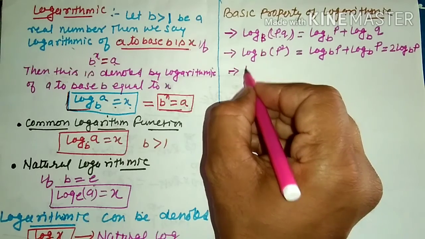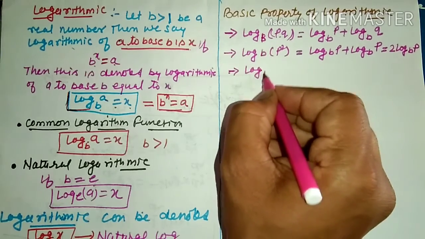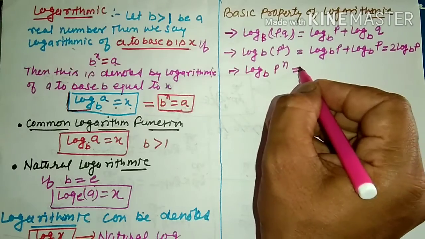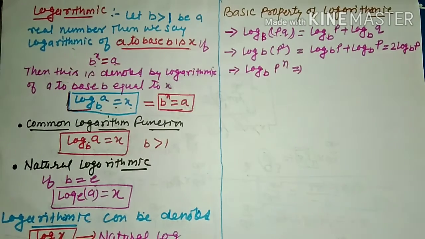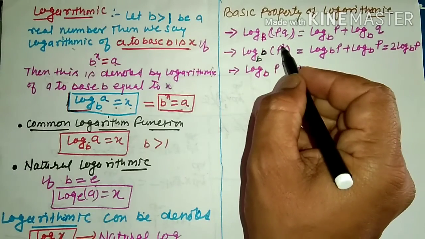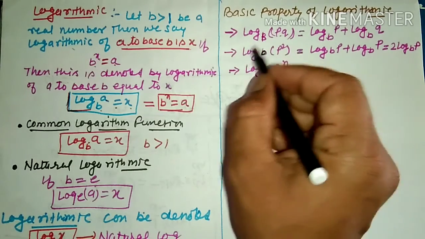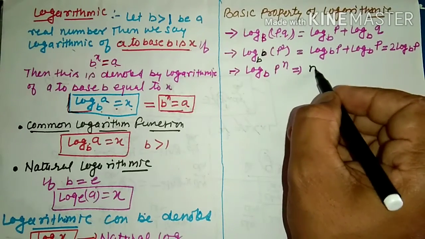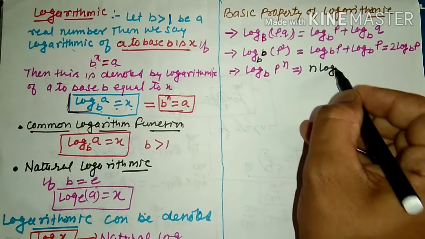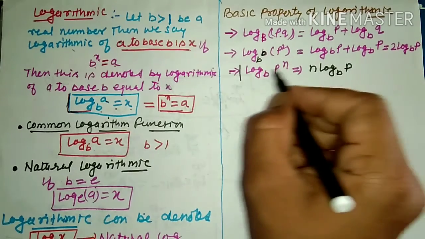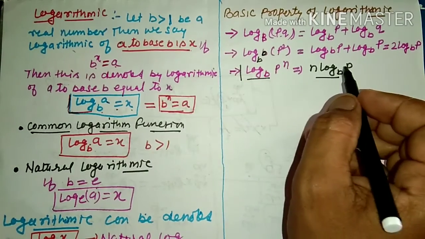Third, log base b of p to the power n. First case log base b of p स्क्वायर था, तो ये 2 आगे आ गया, 2 log base b of p. तो डायरेक्ट हम लोग लिख सकते हैं n log base b of p. Clear? And this is the important property.